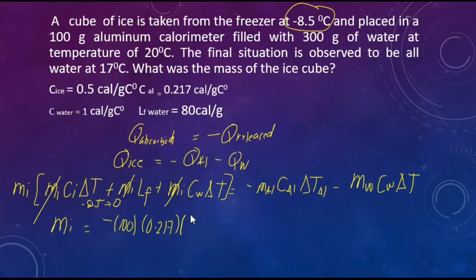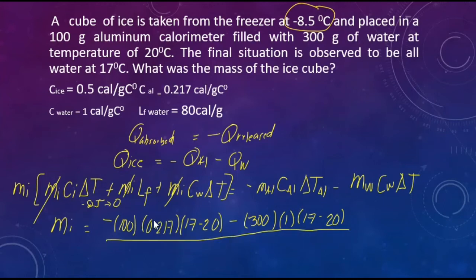And then delta T for the aluminum: the initial is 20, final is 17. So that's 17 minus 20. Then next is mass of the water. The given here, the water is 300 grams. C of the water in calorie per gram Celsius degree is 1. And then delta T: the initial is 20, final is 17. So that's 17 minus 20. Okay?